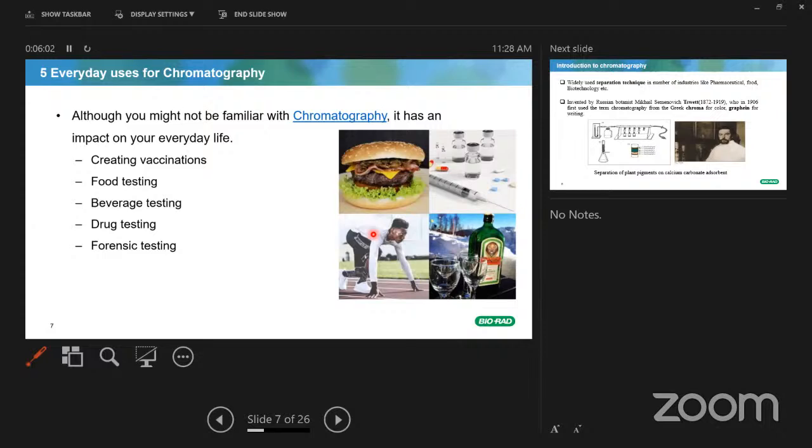Drug testing, for example, whether athletes have taken any dope material. Forensics, whether any poison has been injected, whether those compounds are there in the blood or urine sample of the dead person, can be analyzed through a chromatography system along with MS. So these are the day-to-day examples where we may not have heard the term chromatography, but it affects us on a day-to-day basis.